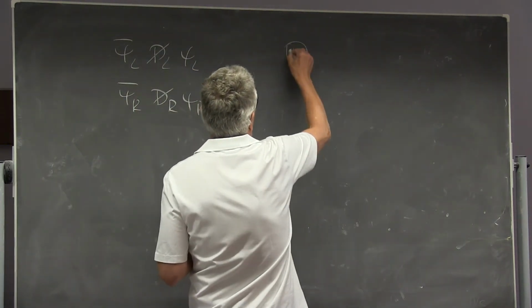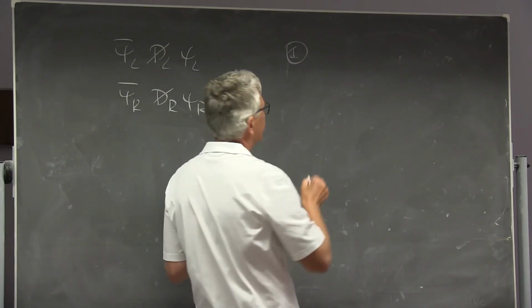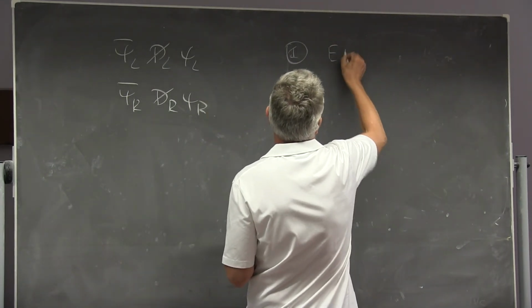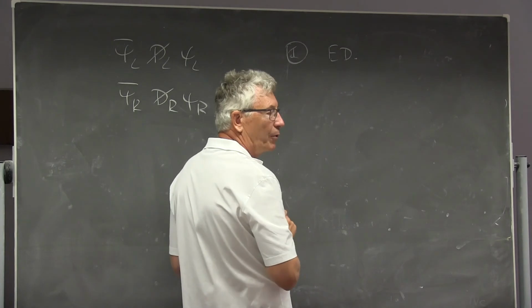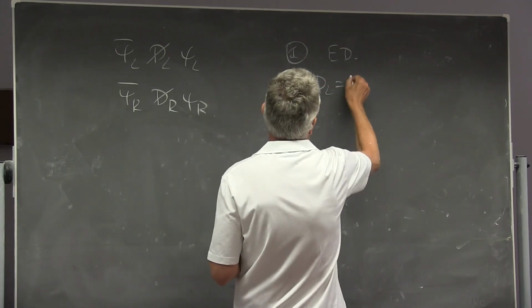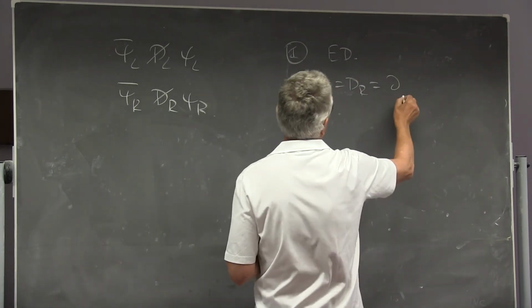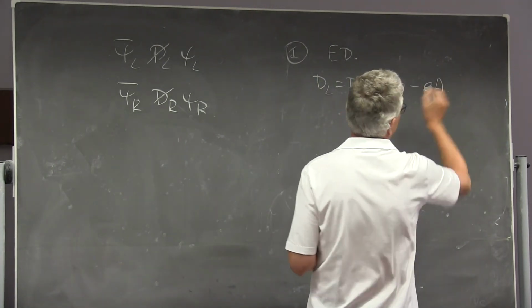The choice which corresponds to electrodynamics is the following: D_L equals D_R equals D minus eA.